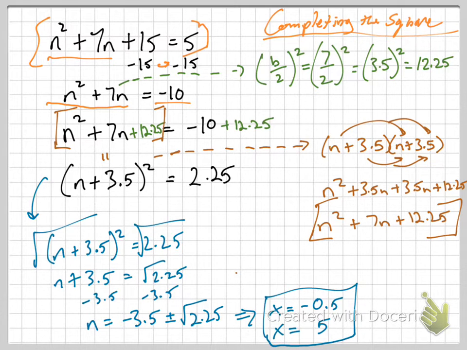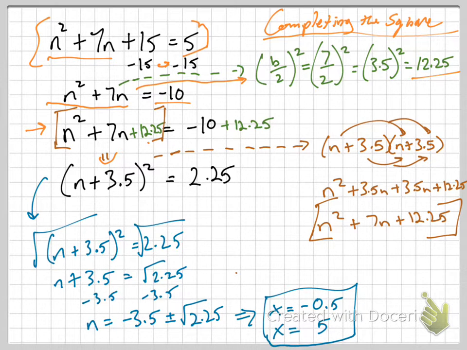Now, remember, our goal is to make a perfect square on the left so that it collapses down into a perfect square down here. In order to do that, we take half of b and square it, and that becomes our new c term.